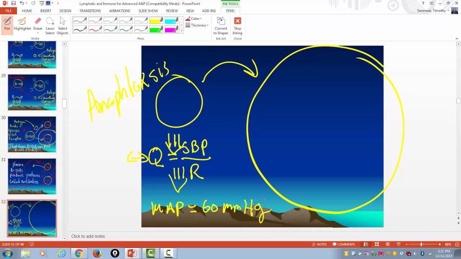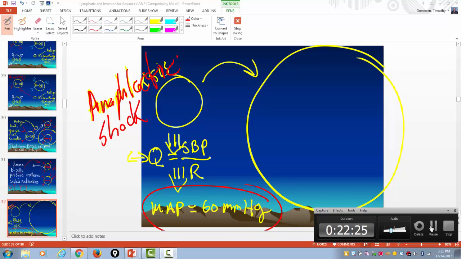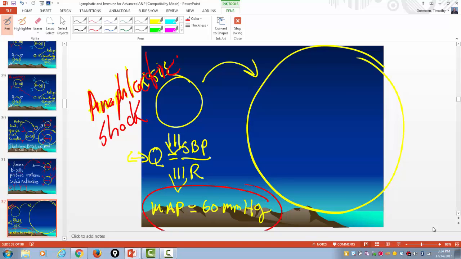And if you can't maintain a mean arterial blood pressure of 60, you are in anaphylactic shock. And that is bad for you.